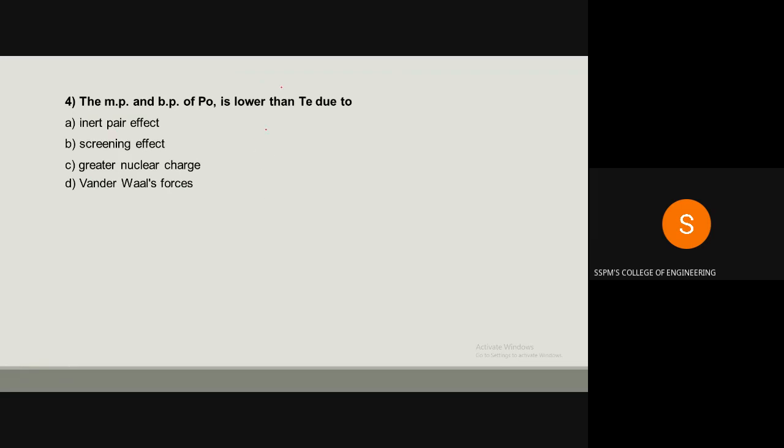When we go down the group, melting point and boiling point increase, but the exception is polonium and tellurium. Polonium has a lower boiling point and melting point because of less van der Waals force of interaction. Hence, the correct option is van der Waals force of interaction. It is the exception to that property.